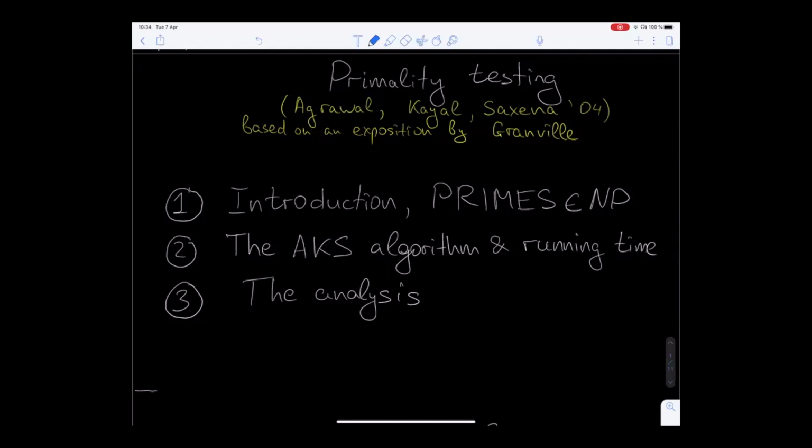The first idea that could come to mind is trial division: take numbers from 1 to root n, and one by one test whether your number is divisible by them. If it's not, then it's prime.